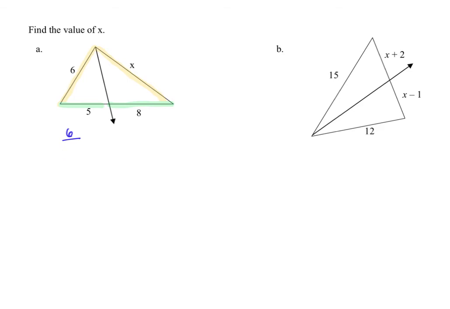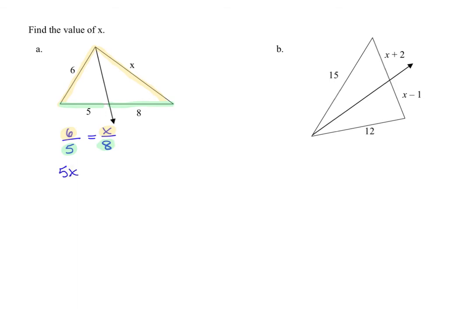The 6 would be compared to 5 and the X would be compared to 8. Remember, within is going to compare same sides of a triangle. So the 6 and the 5 are both on one triangle, and then the X and the 8 are both on another triangle. Now we can just cross multiply and divide.